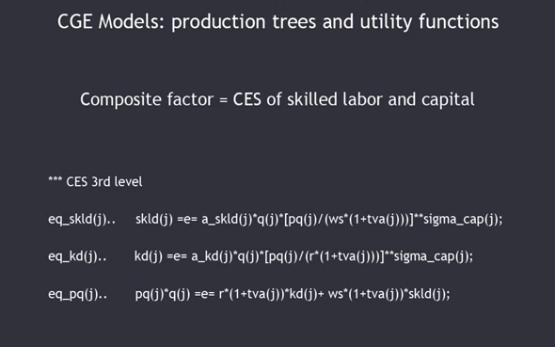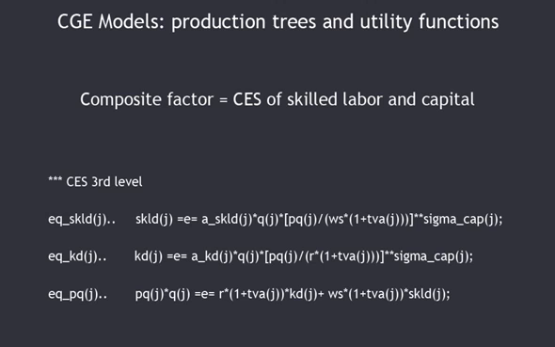The value added tax must be included here. And then you have two equations which are demands of skilled labor and capital. And so they have the same form as the one that we just presented.